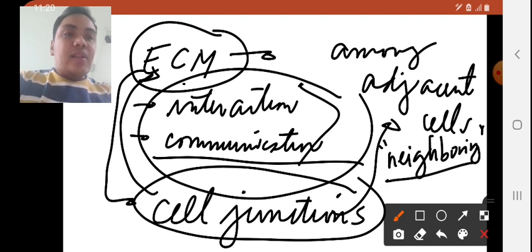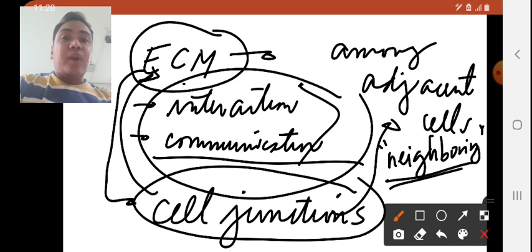Remember, we have groups of cells known as tissues. So cell junctions exist among adjacent cells that form tissues, and they are also responsible for interaction and cellular communication, just like in the case of ECM.